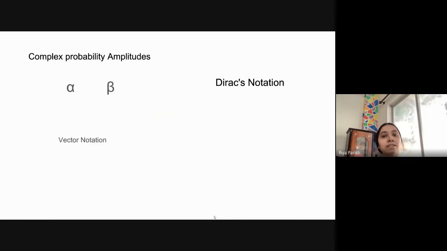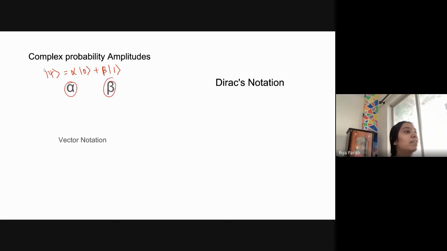Now, we saw these root 3 by 2, 1 by 2 values previously, right? So what were these? A qubit state can be written as alpha times the 0 state plus beta times the 1 state. Now, what are these alpha and beta?